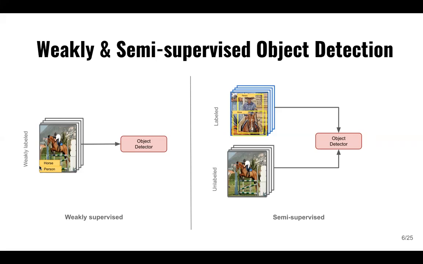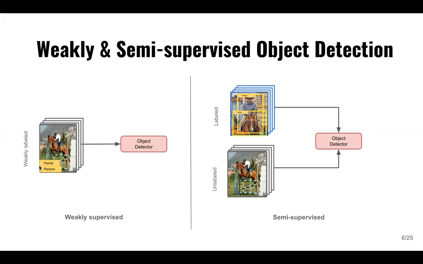As we've seen, annotations at the image level are cheaper to obtain. And in the semi-supervised settings, we have a few labeled images, and then a large pool of images are supplied without any labels. For the labeled images, we have instance level annotation for each of the instances.